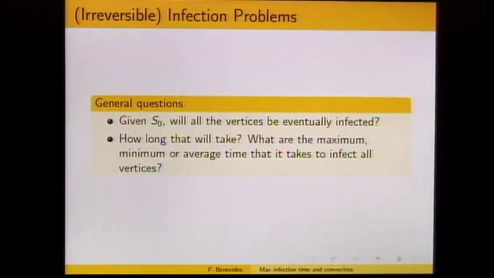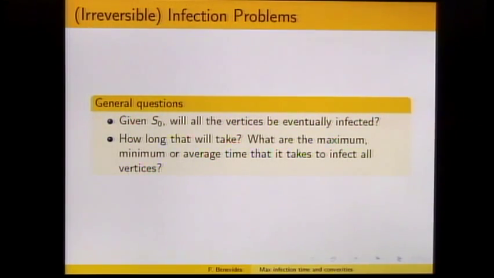Then there are many extremal questions that you can ask about those models. You can ask, for example, given some specific set S0, is it true that starting with this set, you will infect the whole thing? Or you can ask, okay, if it does, how long does it take?